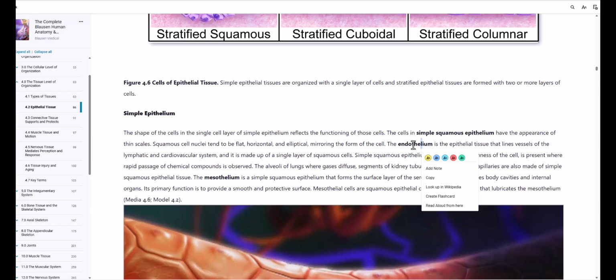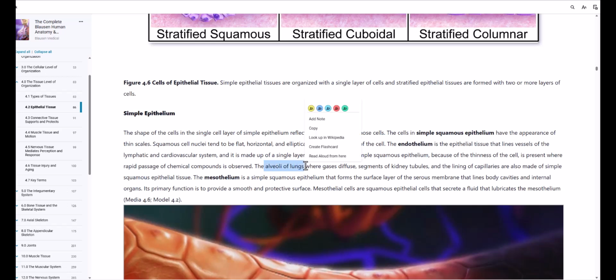And where we find endothelial cells is lining blood vessels, your lymphatic vessels, and your blood vessels. We also see simple squamous in your alveoli. Down in your lungs, the little air sacs also have simple squamous. So again, lining your blood vessels and making up the air sacs of the lung.